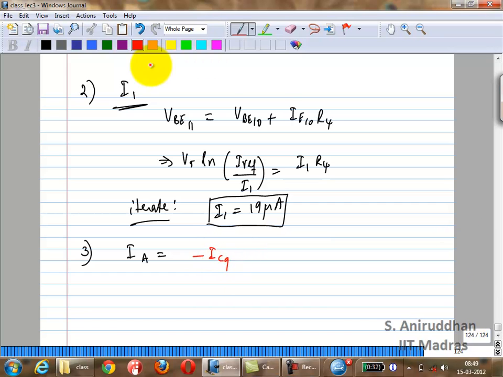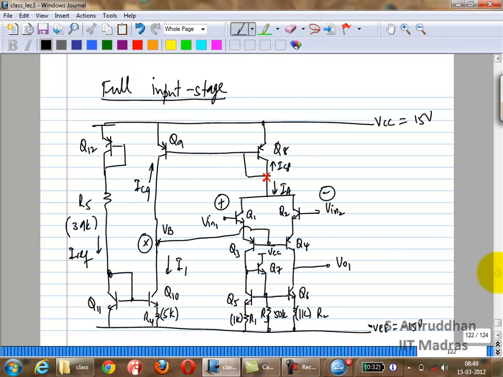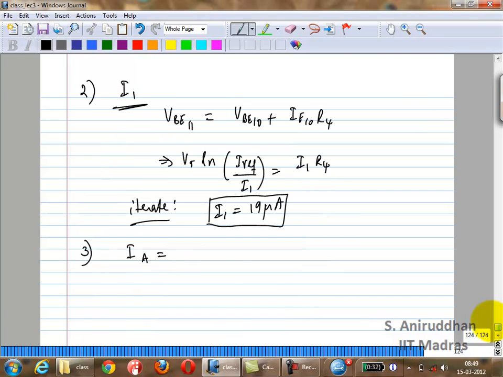So also look at the directions I have chosen. I have chosen IC8 flowing upwards, right? Minus IC9.